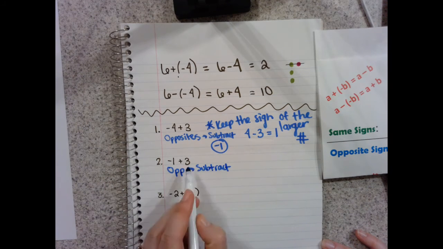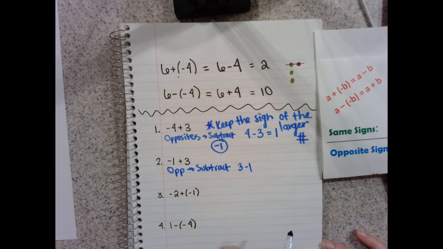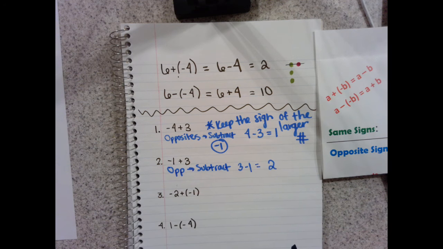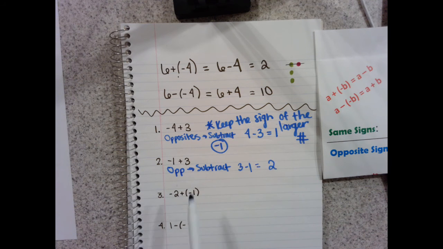So I'm going to subtract the larger number minus the smaller one, 3 minus 1, and I get 2. Then I always keep the sign of the larger number. 3 is bigger than 1, and 3 is positive. So my final answer is a positive 2.